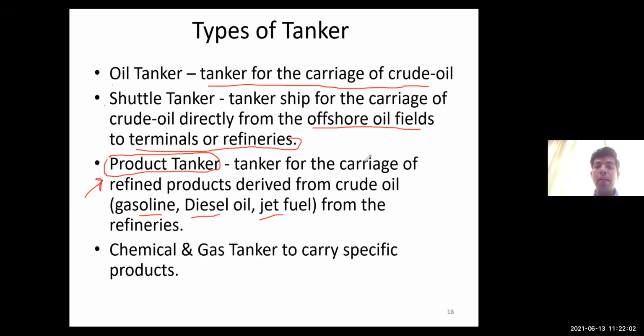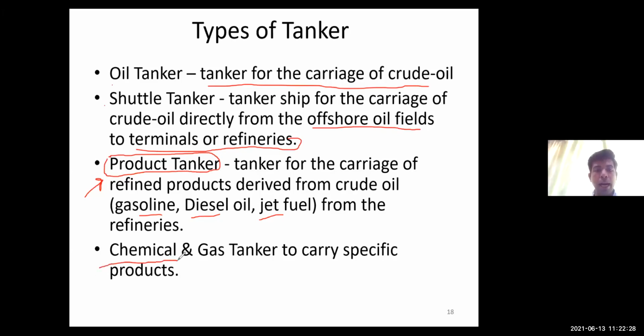And it has various compartments: center tank, then starboard tank, port tank. Starboard means the right side of the ship, and the left side of the ship facing forward is called port. Understand? So the product tanker carries diesel oil, jet fuel, gasoline, basically the finished products of crude.